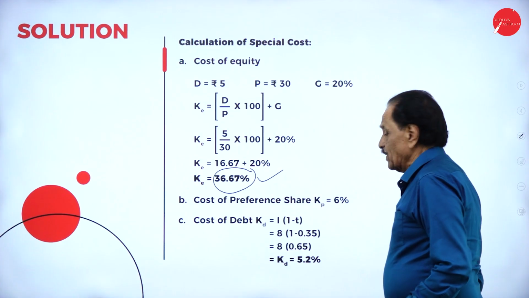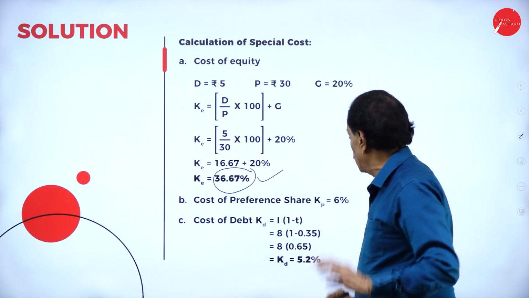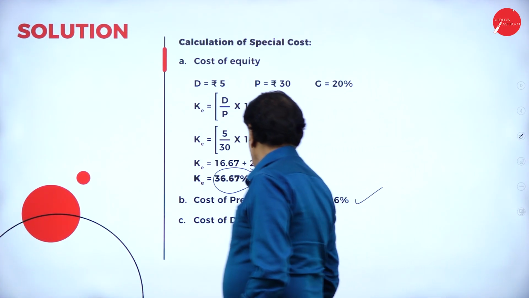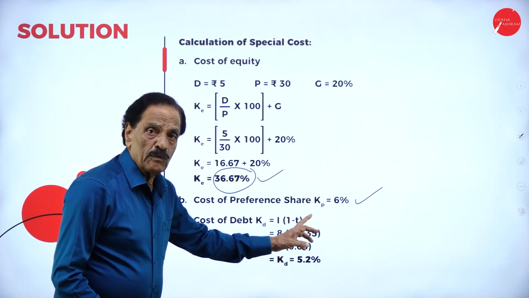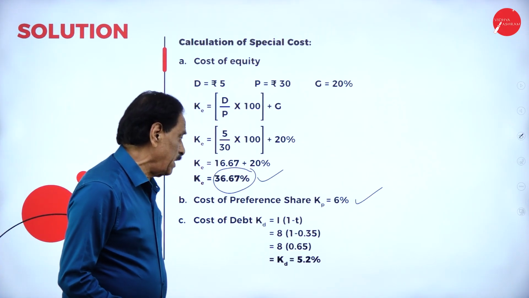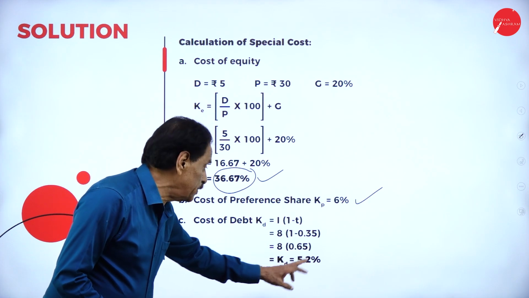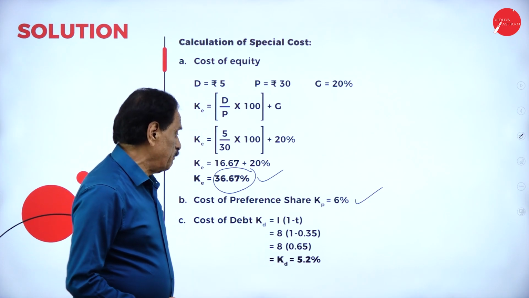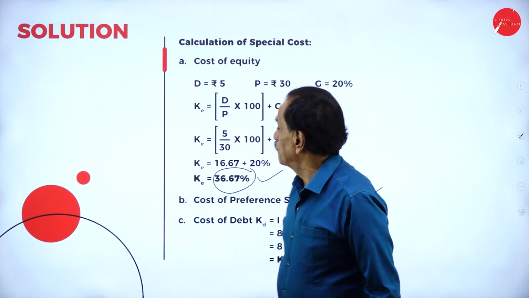The cost of preference share given is 6%, and the same has to be retained. Regarding the cost of debt, Kd is I into 1 minus T: the 8% debenture, 8 into 1 minus 0.35, which is 0.65. 0.65 into 8 is 5.2 percent.